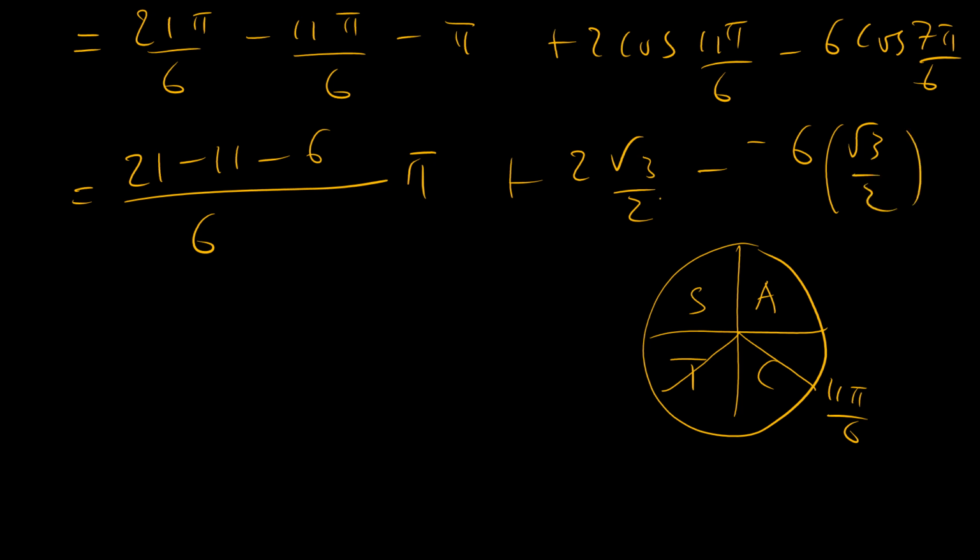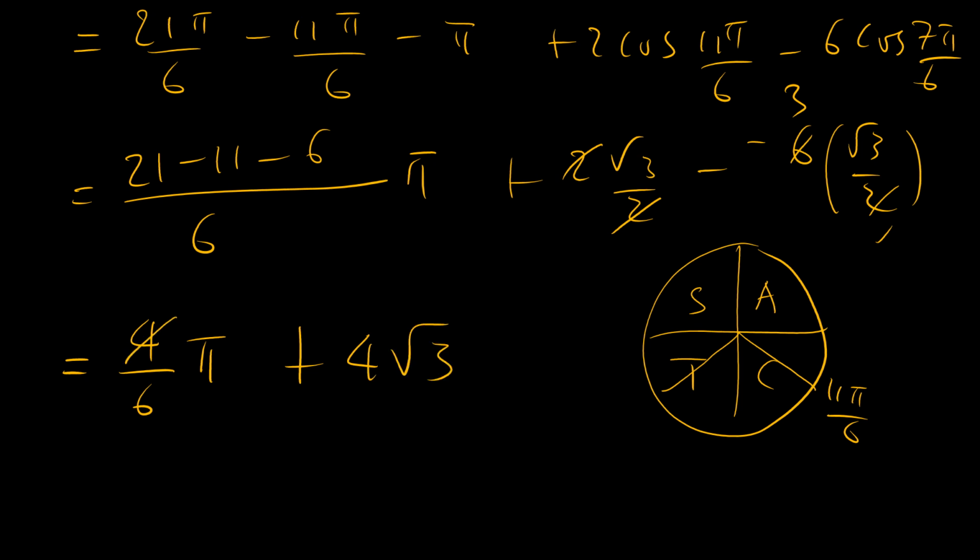Okay, cancel, 3. So this becomes now 21 minus 11 is 10, 10 minus 6 is 4, so 4 over 6 pi, plus negative 3 root 3 plus root 3 becomes 4 root 3. Becomes 2 over 3 pi plus 4 root 3.